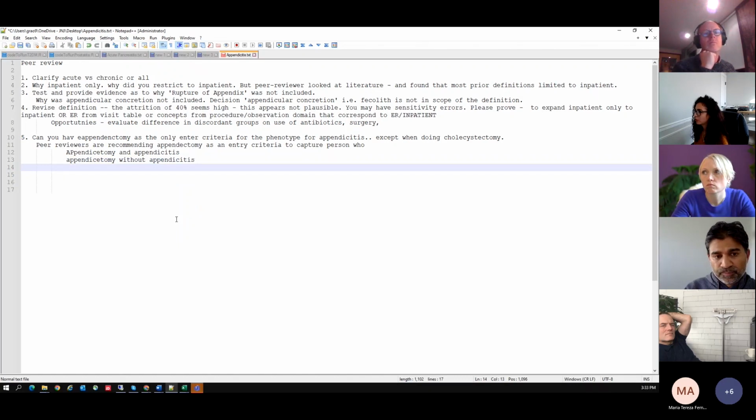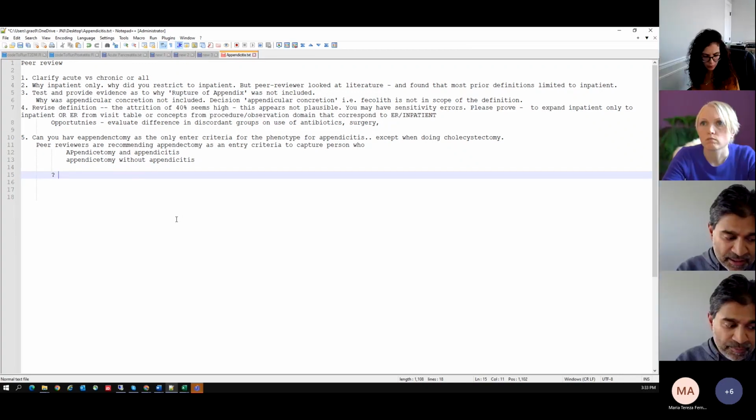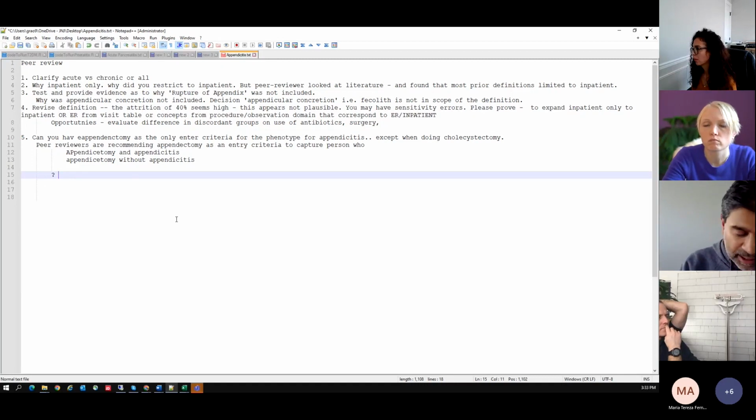No, we will have surgery as a procedure on its own, but you're not going to see it reflected in the visit type, right, Gowtham? It is possible that some people would have anesthesia procedures and appendicectomy procedure codes, but not be part of visit equals inpatient or visit equals ER, and that's an ETL challenge. Okay.